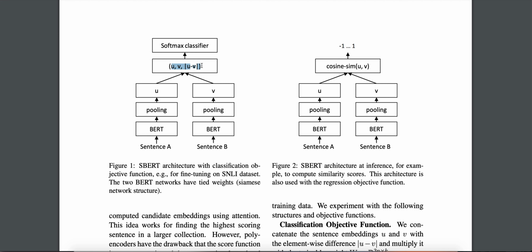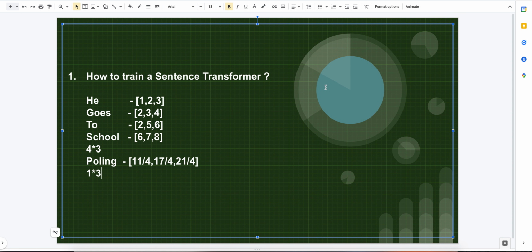If both the sentences are dissimilar, we will give it a 0, and we will try to optimize the weights of these BERT models based on that. So it will try to understand that these two sentences are similar and these two sentences are dissimilar. That's what we are going to train this model on. I hope that is clear.